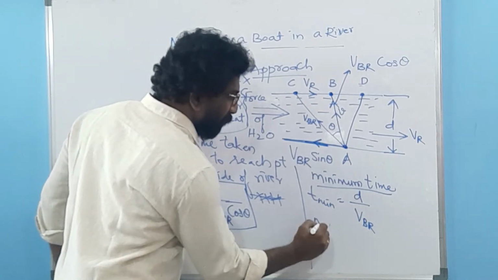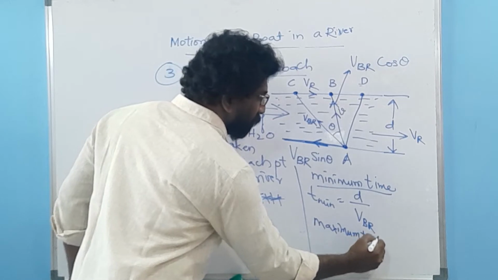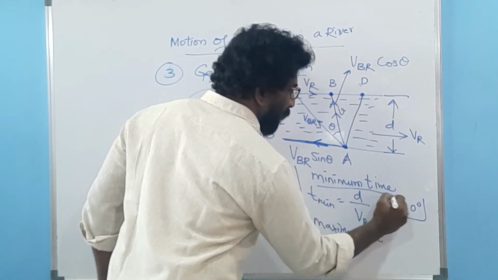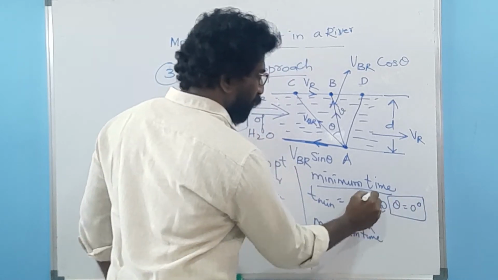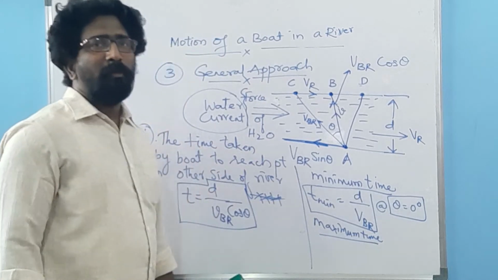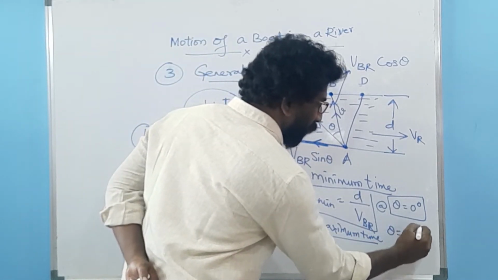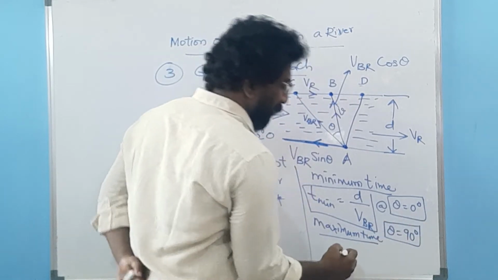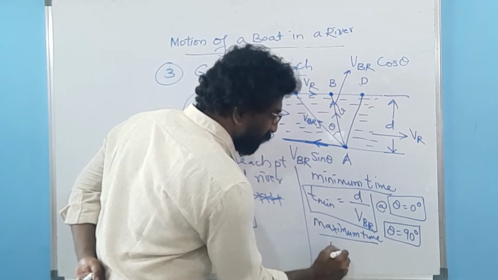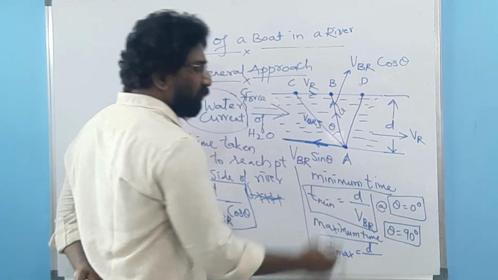Then what will be the maximum amount of time? We know that the minimum time happens at theta equal to 0 degrees. For maximum time, if theta equals 90 degrees, T max is equal to D over VBR cos 90.